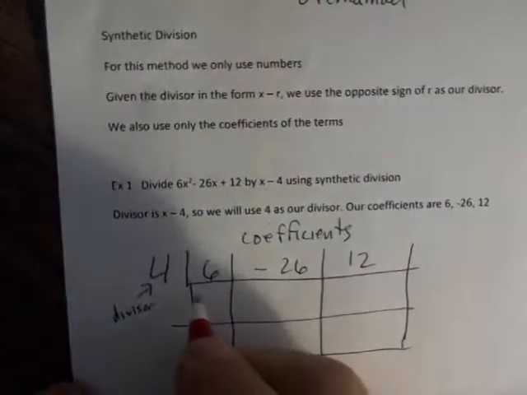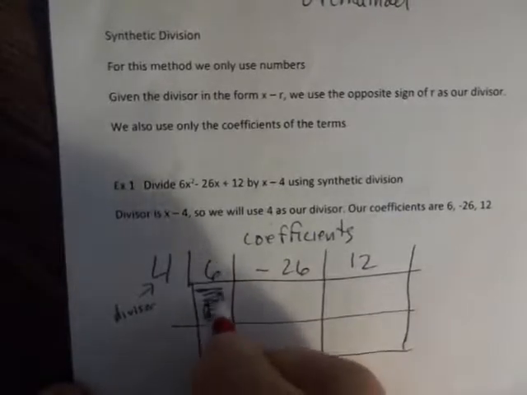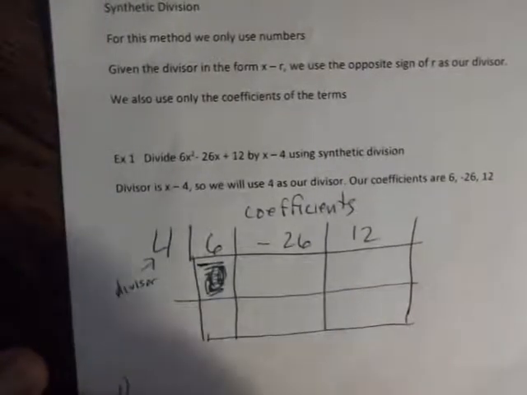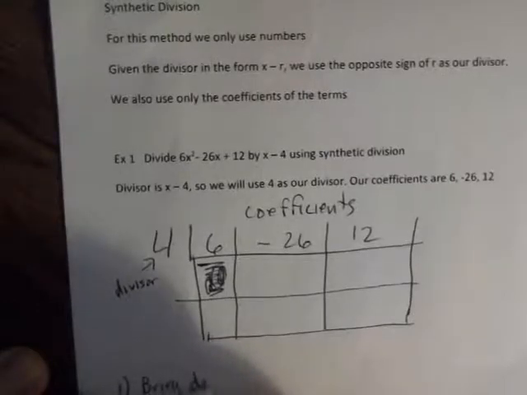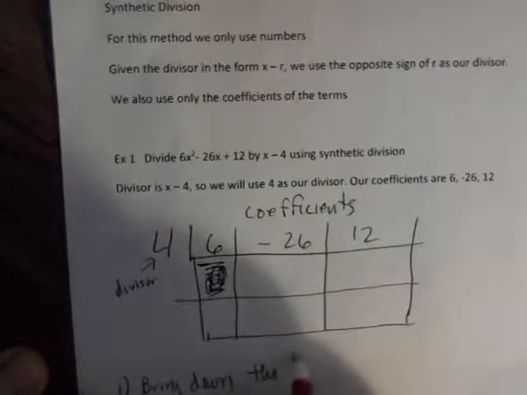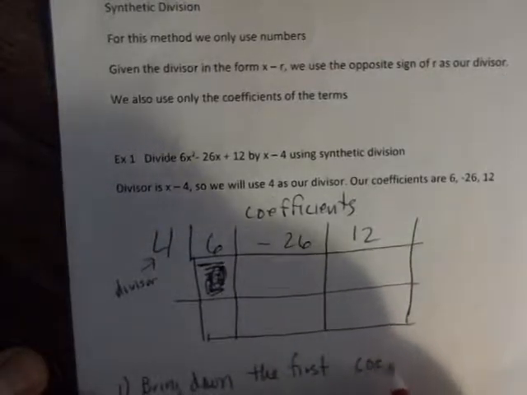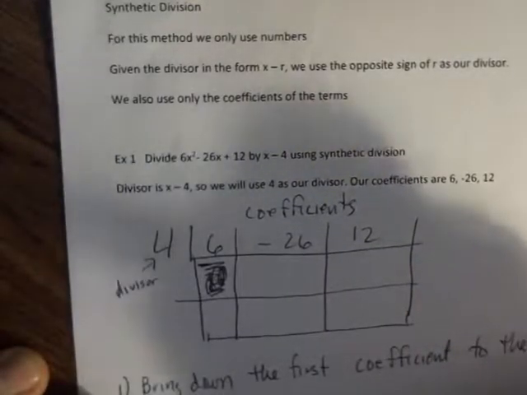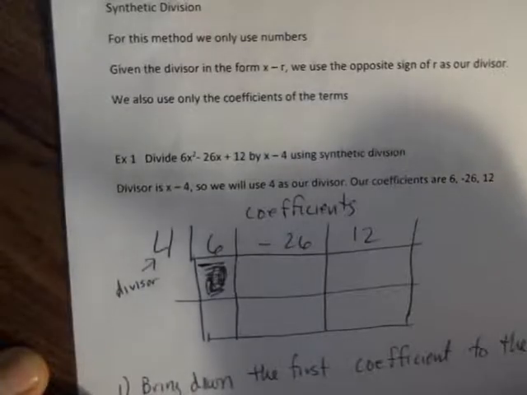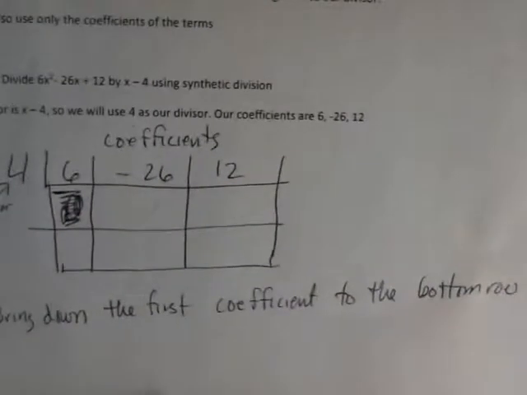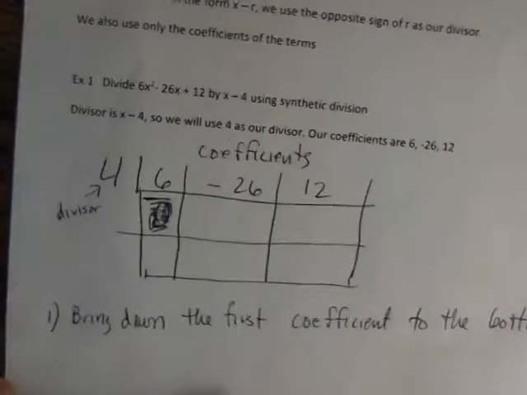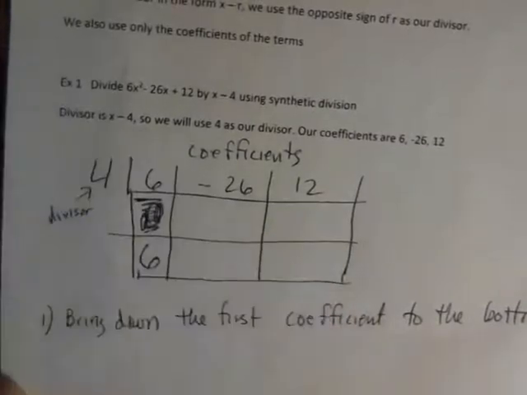I shade in the first box. All right. So step 1 is you bring down the first coefficient to the bottom row. Sorry about that, a little sloppy there. It's a Monday. So that's that.